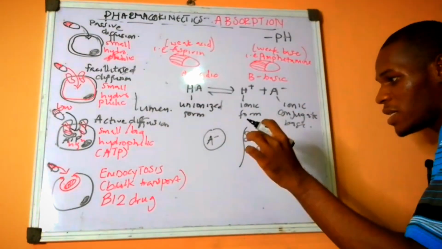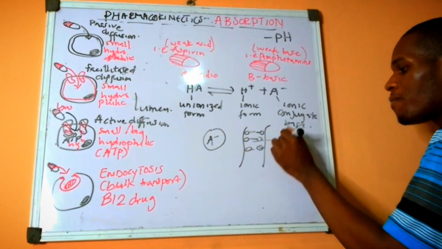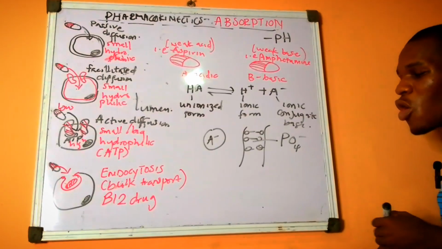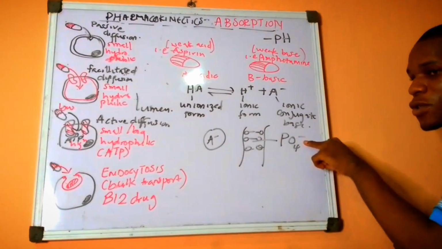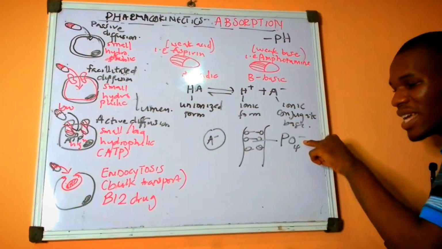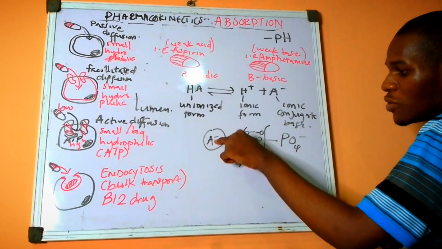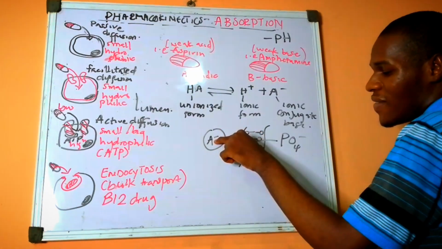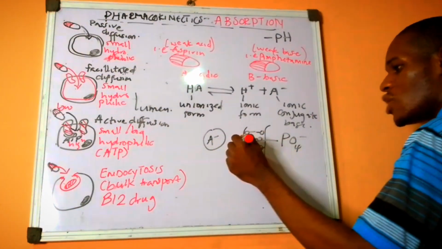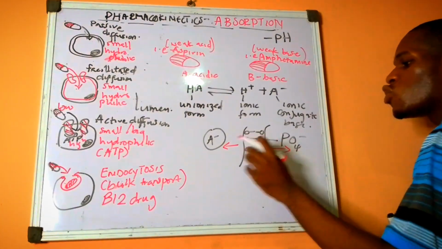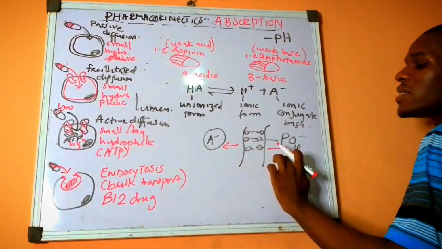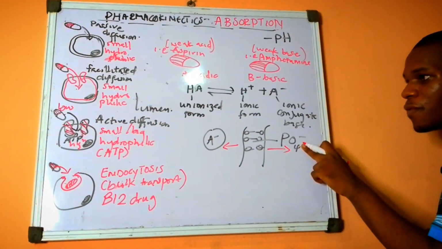Remember, the cell membrane is made up of phospholipids with a phosphate head, PO4 minus. Now, this phosphate head is negative, the conjugate base is negative. Hence, it will repel. So it won't pass through the cell membrane because of this phosphate group.